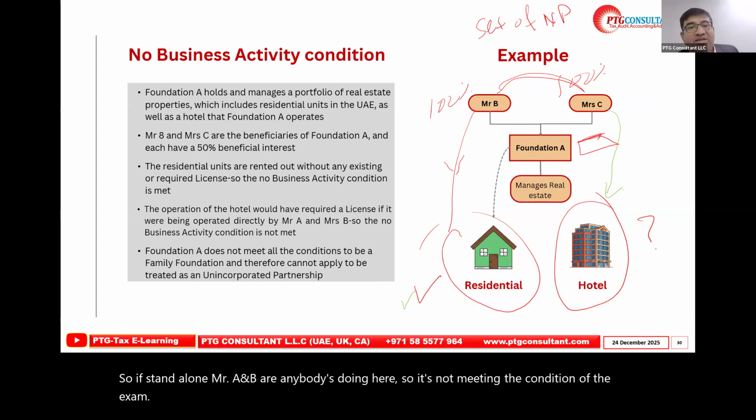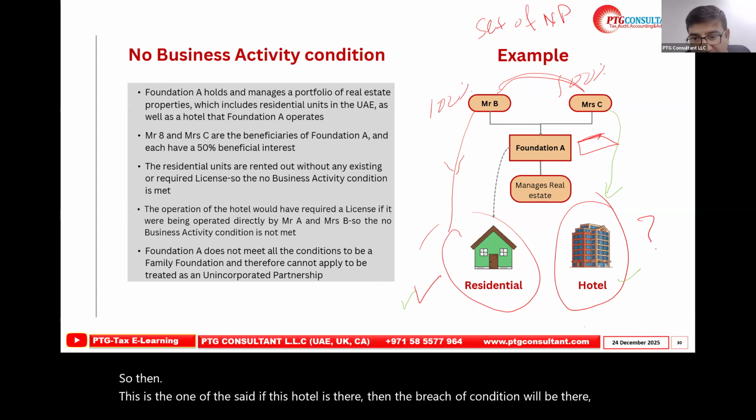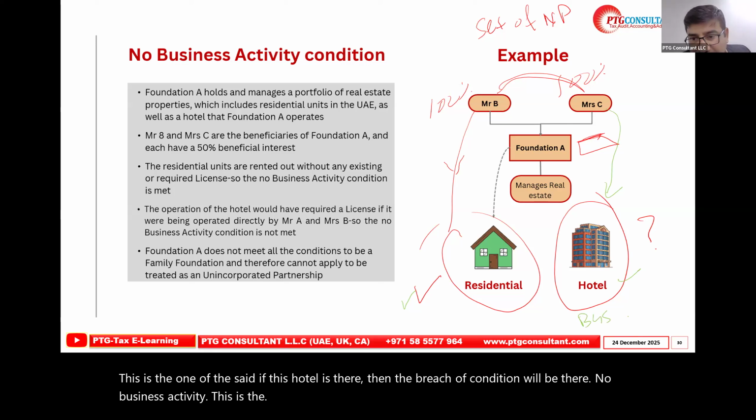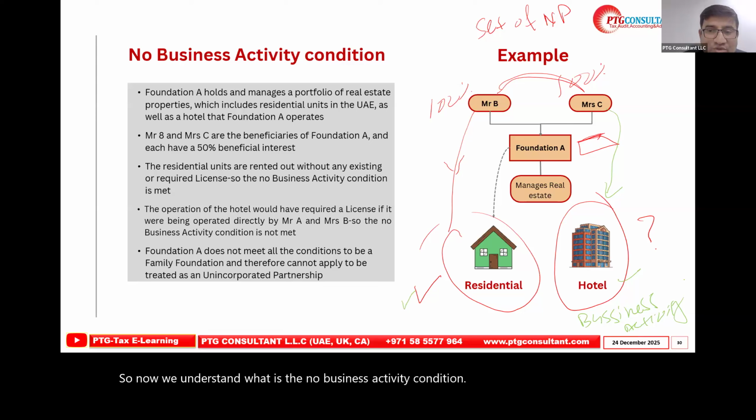If this hotel is there, then there will be a breach of the no business activity condition. So now we understand the no business activity condition. This is the test for business activity. Hotel is a business activity, so it's a breach, and even if we submit to the FTA, they will reject.